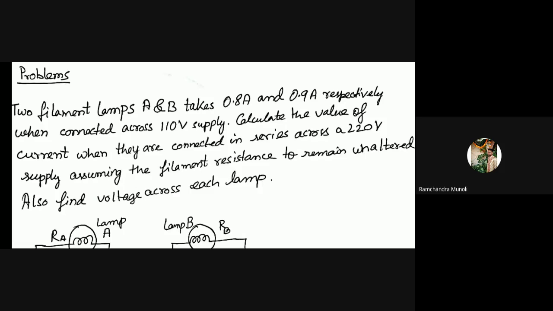I'll just read out the problem for you. Two filament lamps A and B take 0.8 ampere and 0.9 ampere respectively when connected across a 110 volt supply. Calculate the value of current when they are connected in series across a 220 volt supply, assuming the filament resistance to remain unaltered.